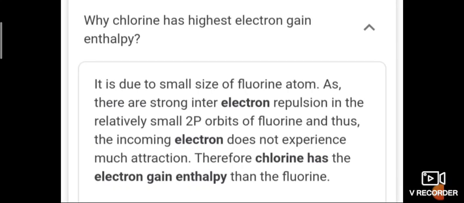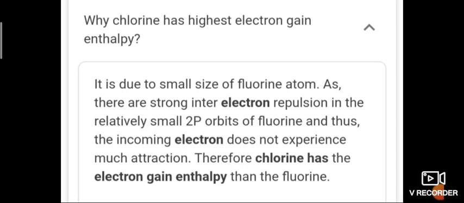Chlorine also has 7 electrons in its outermost shell. Fluorine also has 7 electrons. But fluorine, because of its small size, has more attraction, but it cannot accept easily. At the same time, chlorine can attract as well as accept the electron. Its attraction will be less than fluorine. Why?